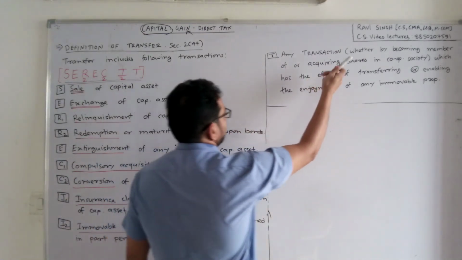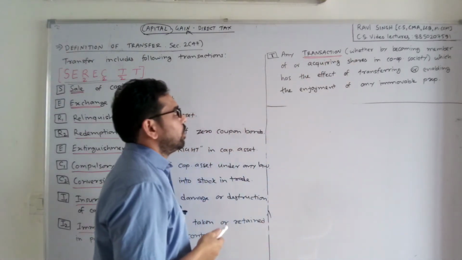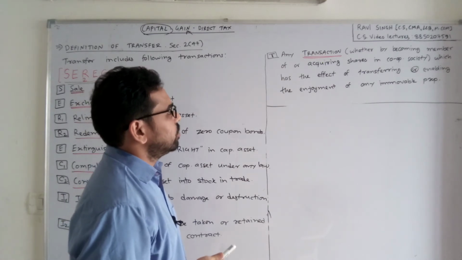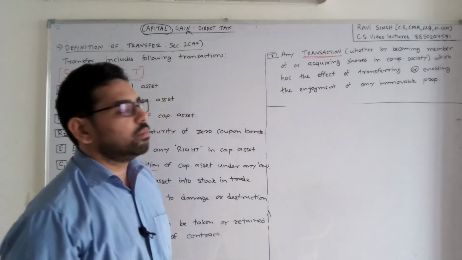Then T for any transaction whether by becoming member of or acquiring shares in cooperative society which has the effect of transferring or enabling the enjoyment of any immovable property.